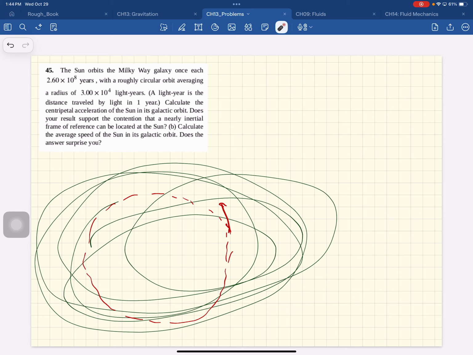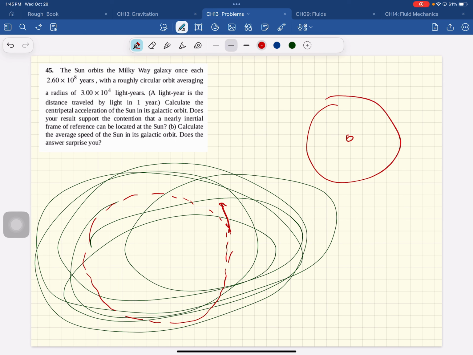Calculate the average speed of the sun in the galactic orbit. So you want to calculate the speed. Let's see if I remember it. Anybody know the speed of the Earth around the sun? We're going at 30 kilometers a second.